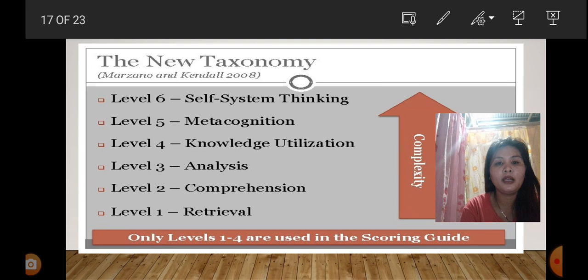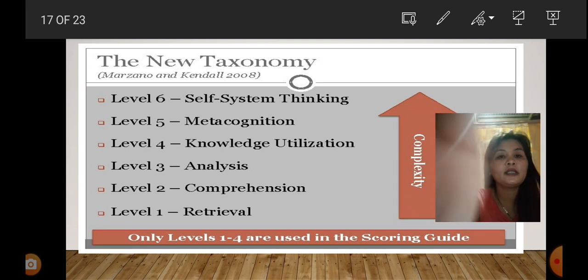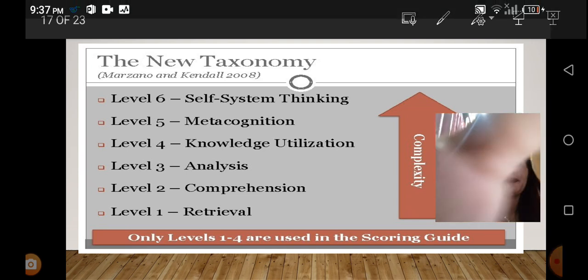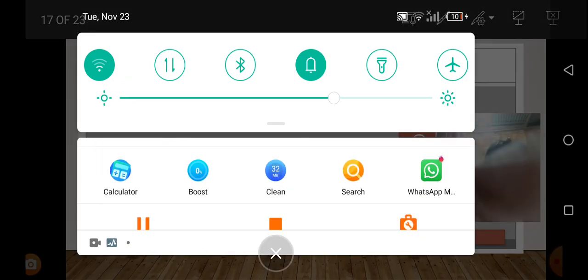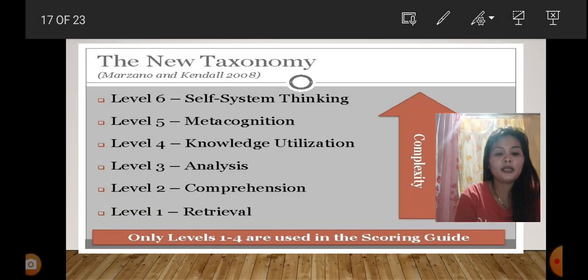So we have level 1, retrieval, level 2, comprehension, level 3, analysis, level 4, knowledge utilization, level 5, metacognition, and level 6, self-system thinking. Each level of processing can operate within each of the 3 domains.